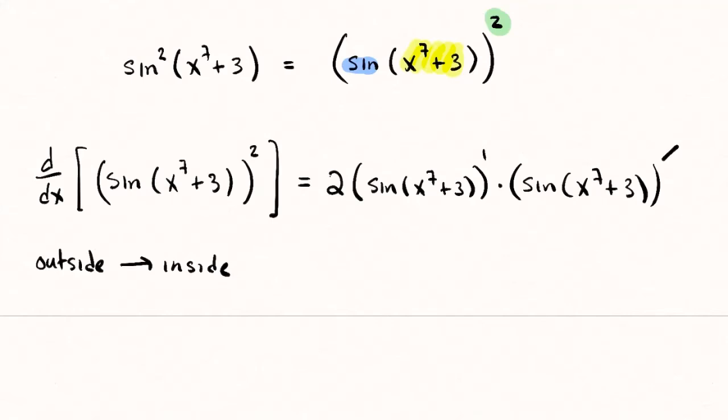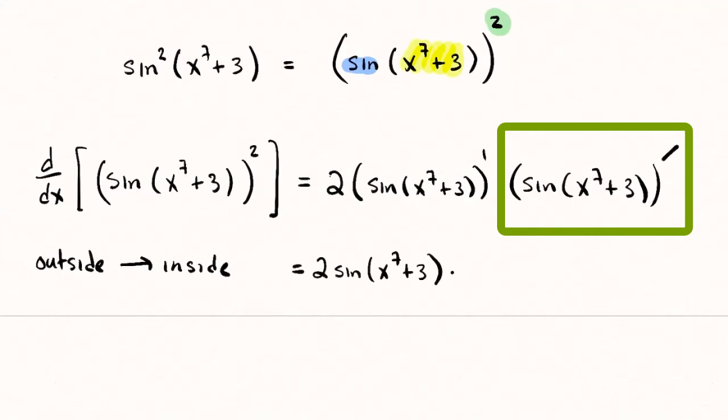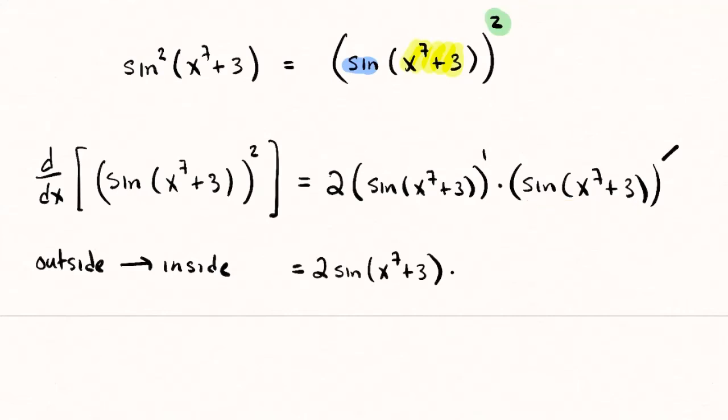We'll just continue along here. So I'm going to take this first factor, it's just going along for the ride at this point, 2 times the sine of x to the seventh plus 3. But by the chain rule now, I have to differentiate that inside function. That inside function here still has 2 layers. Yeah, we're still plugging x to the seventh plus 3 into the sine function.